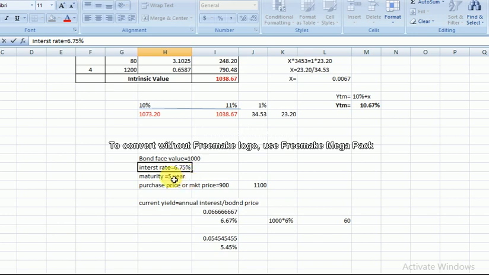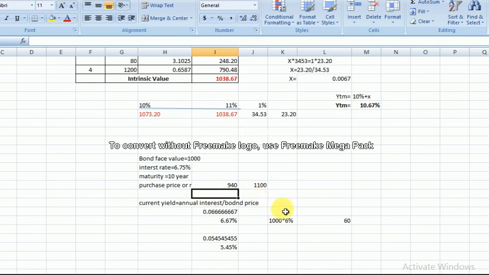The maturity, let's suppose, is 10 years. You can take 5 years as well. The purchasing price is 940. It means that we purchase this at a discount price.